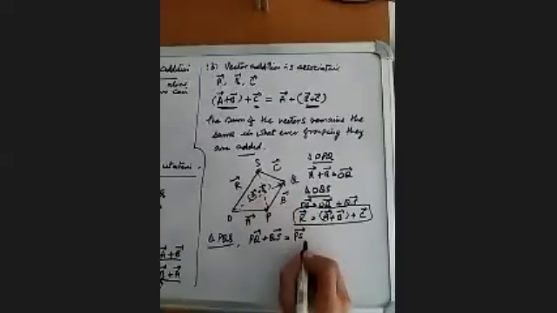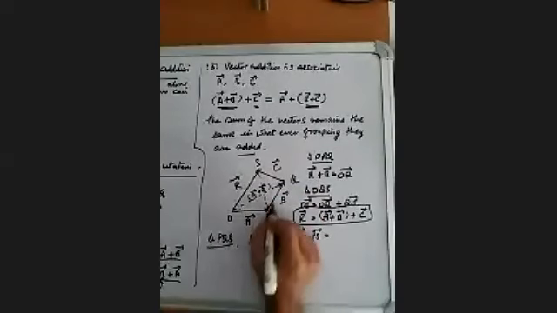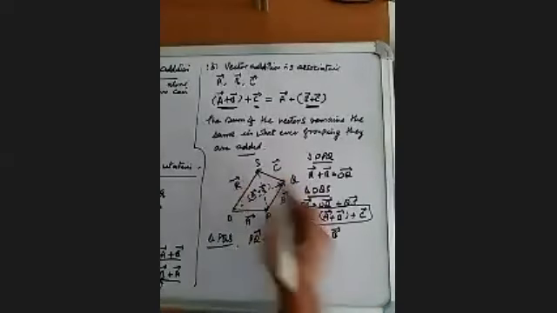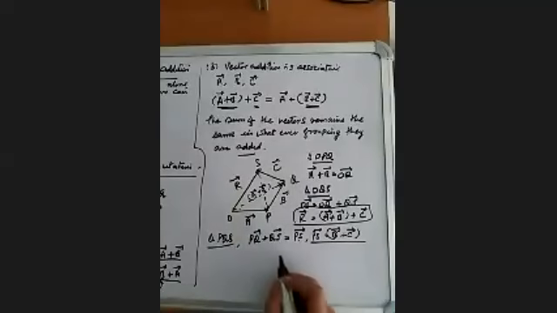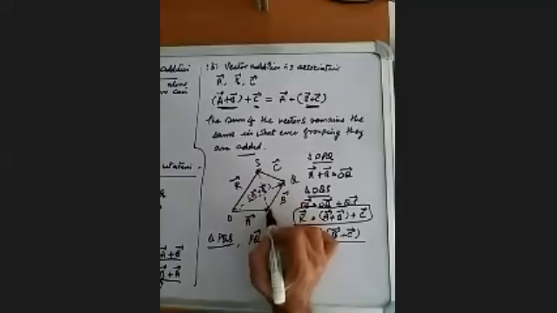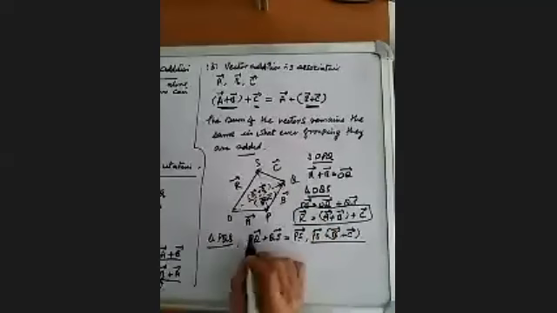So this will give the resultant. So PS vector is equal to PQ vector, that is B vector, plus QS vector, that is C vector. So this vector PS is B vector plus C vector.